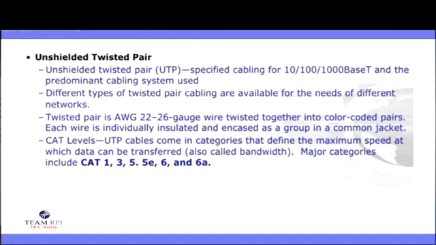This makes it easier to put the connectors on so you know which pair is supposed to do what. There are actually particular standards for that, and again, we'll talk more about that later. Unshielded twisted pair, or UTP cabling, is identified in Cat levels. Those Cat levels define the maximum speed at which data can be transferred, also known as bandwidth. The major category levels are Cat 1, 3, 5, 5e, 6, and 6a.